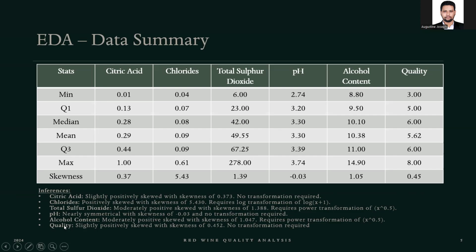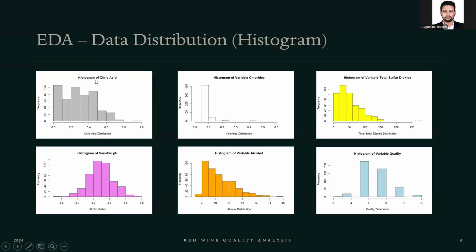The alcohol content of the wine is also moderately positively skewed, and it might require power transformations. The quality of the wine is slightly positively skewed, so it doesn't require much of a transformation. Now let's look into the distribution of all these variables.